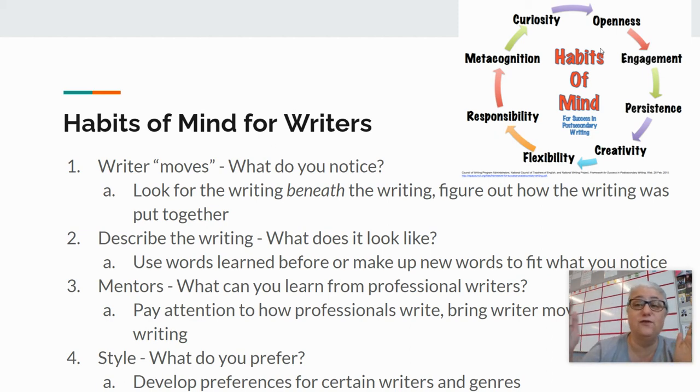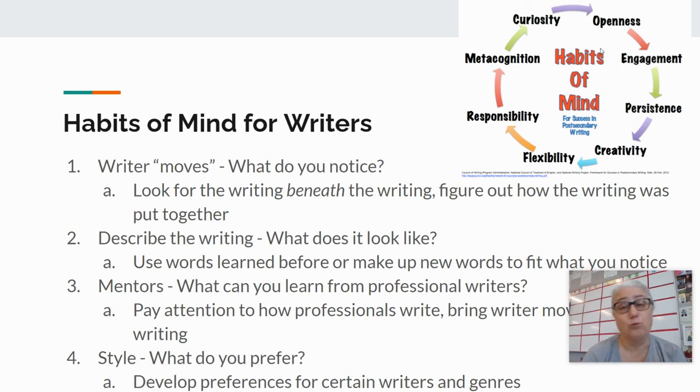Or do they use very long and complex sentences? Do they use active verbs? Do they use past tense a lot or present tense? So we're going to be looking at those things and see what you can basically take from their style, incorporate into your own.